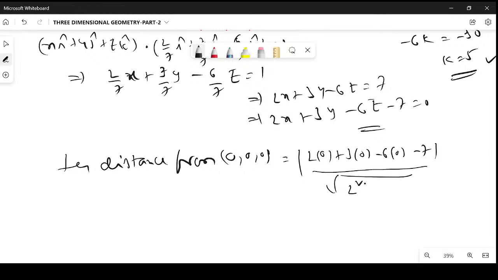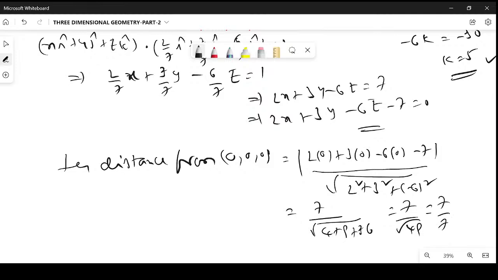That is 2 square, 3 square, plus minus 6 whole square. With the point being 0, 0, 0, you will get the modulus of 7 by root of 4 plus 9 plus 36. So 7 by root 49, which is 7 by 7. It comes 1 unit.